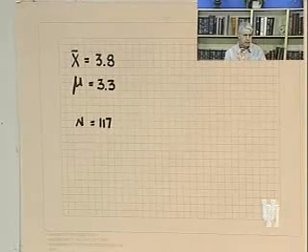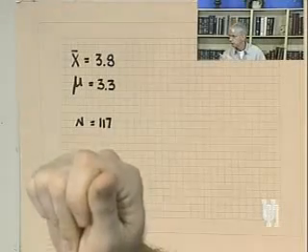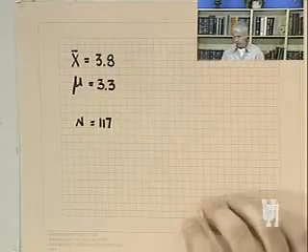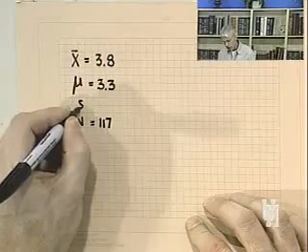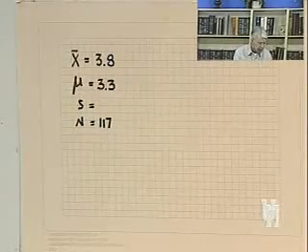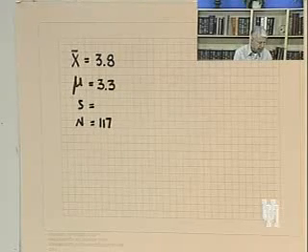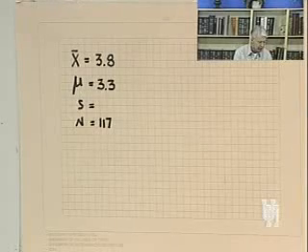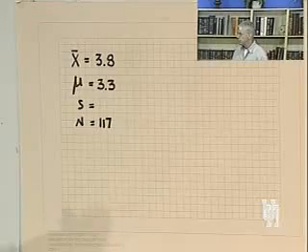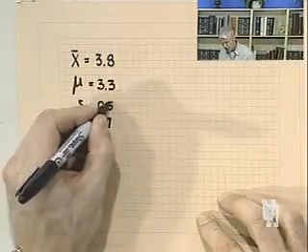Do we know the standard deviation of the sample S, or the standard deviation of the population? Sample S. It says a random sample of 117 sociology majors averages 3.8 parties per month with a standard deviation of 0.53. The standard deviation that's given is clearly in reference to the sample. So S equals 0.53.